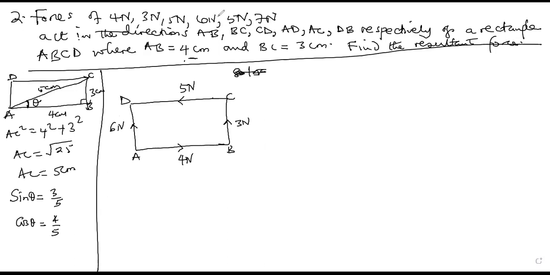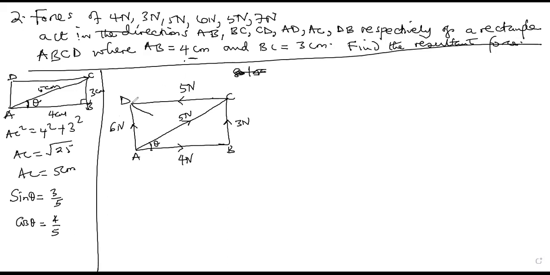Then they give us AC, A going to C, and that is AC, meaning here is at angle theta. So AC is 5 newton, and then they give us DB.